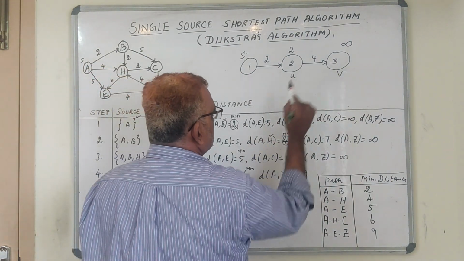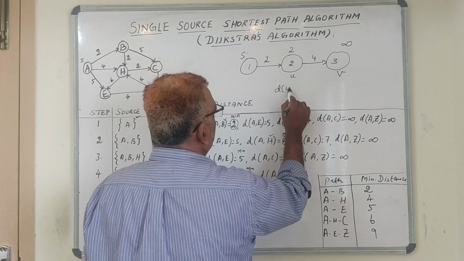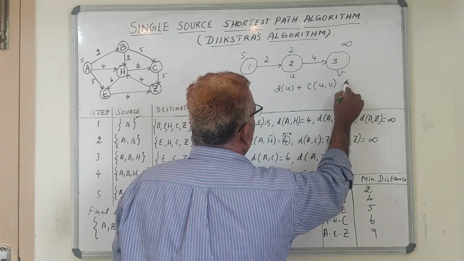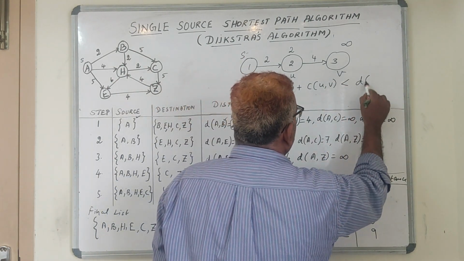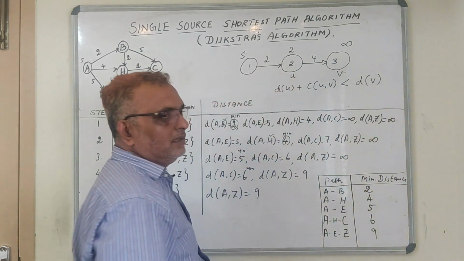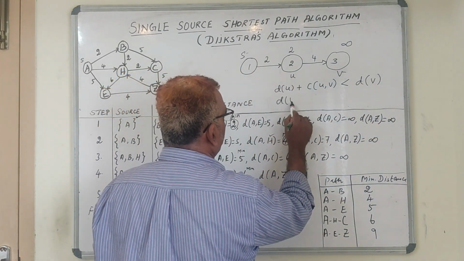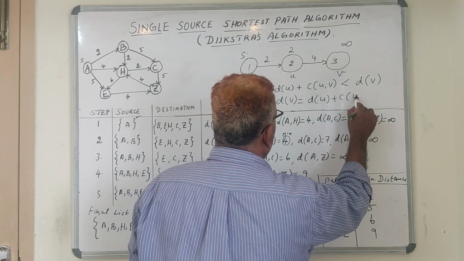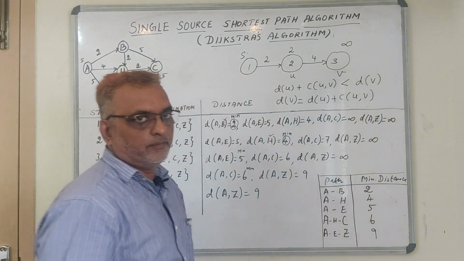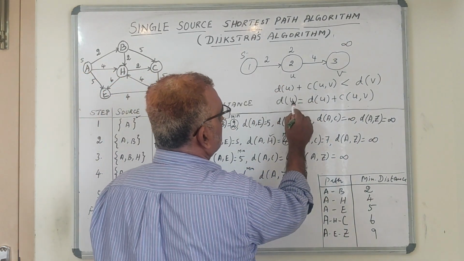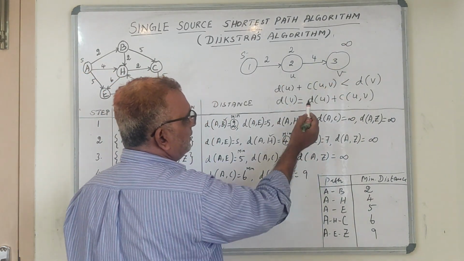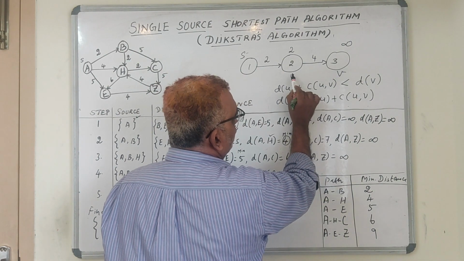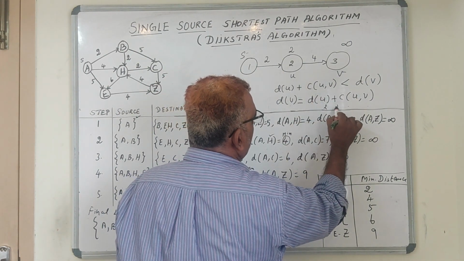If you say this is U and this is V, and the distance of U plus the cost of reaching U to V is less than the distance of V, then we can calculate the distance of V as the distance of U plus the cost of reaching U to V. So in this case, the distance of V is the distance of U, which is 2, plus the cost from U to V, which is 4.